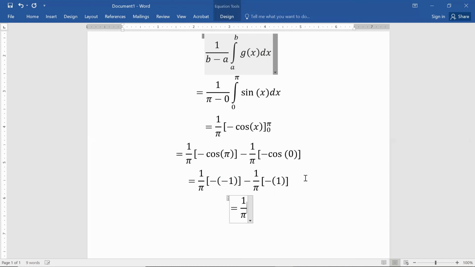So 1 over pi plus another copy of 1 over pi. If you're giving an exact answer, it would be 2 over pi.